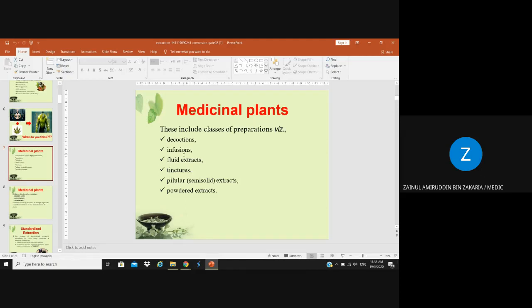You have decoction, infusion, tinctures. As I told you, tinctures is related to alcohol, meaning you soak your plant in alcohol. That is called tinctures.